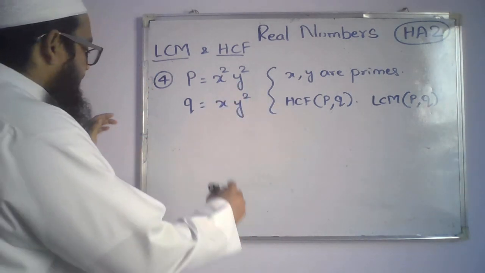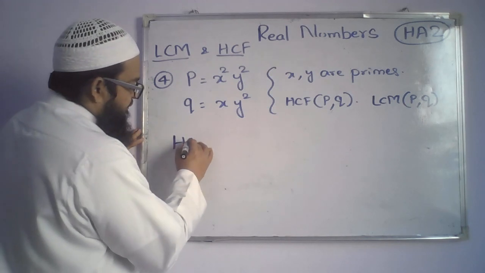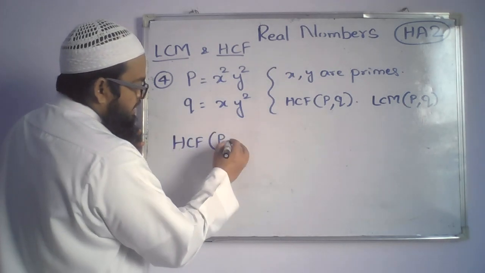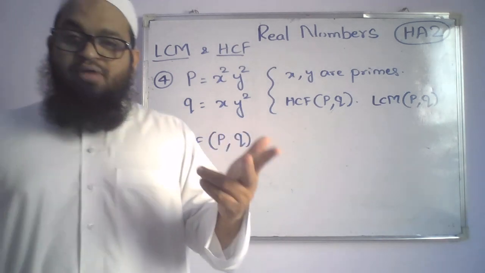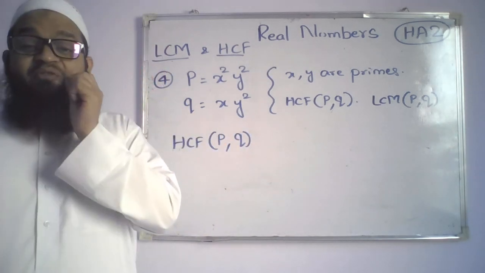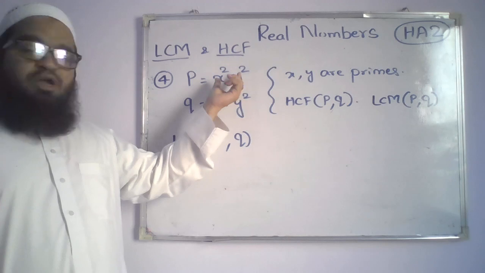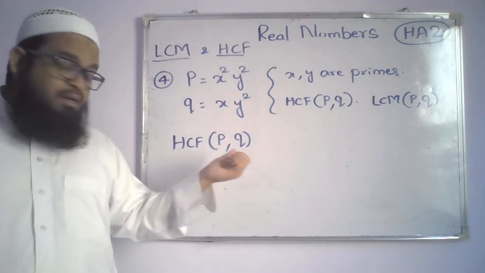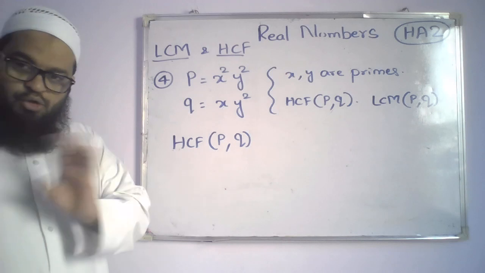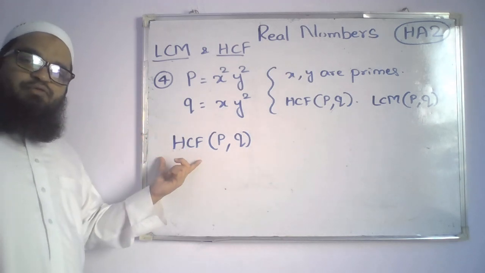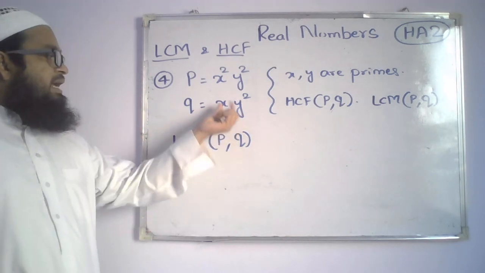See, for HCF, you have to understand, my dear students, it is the highest common factor, commons. So for HCF, you take commons, but highest, therefore take the lowest power. Understood? Don't get confused. To find the highest common factor, take the commons.